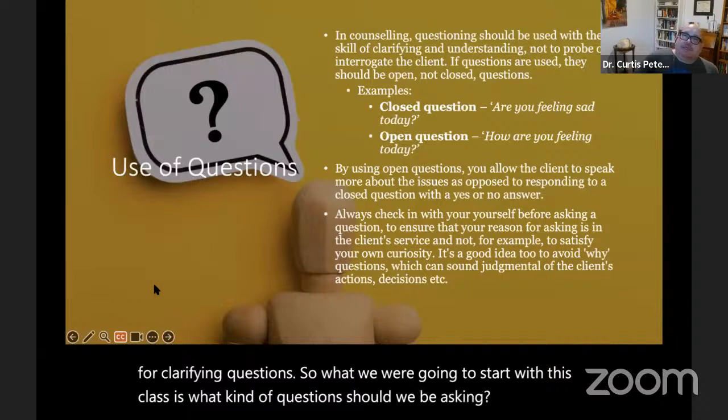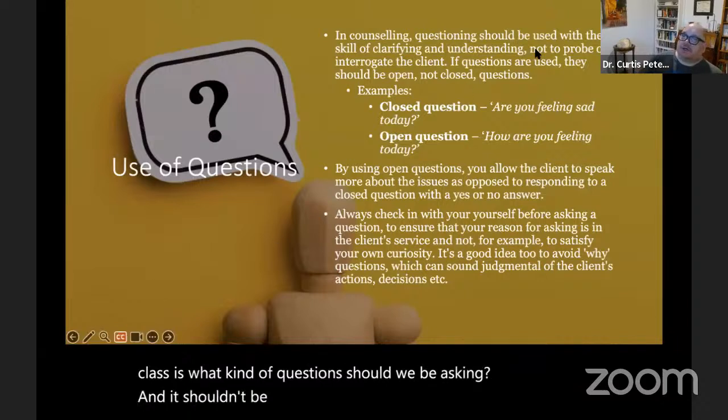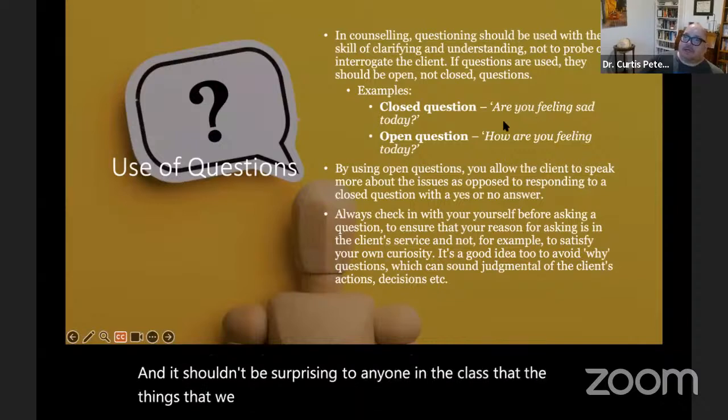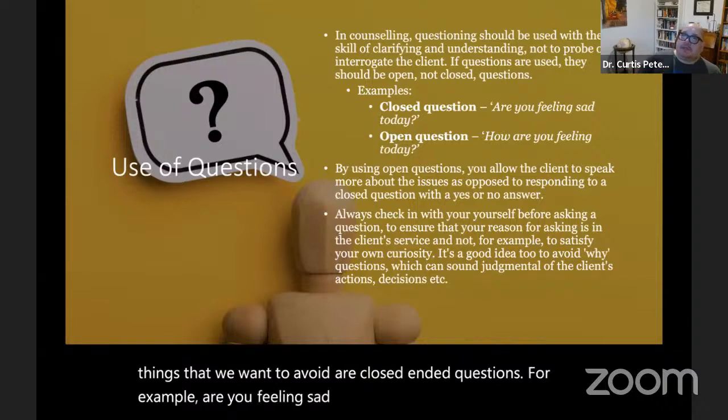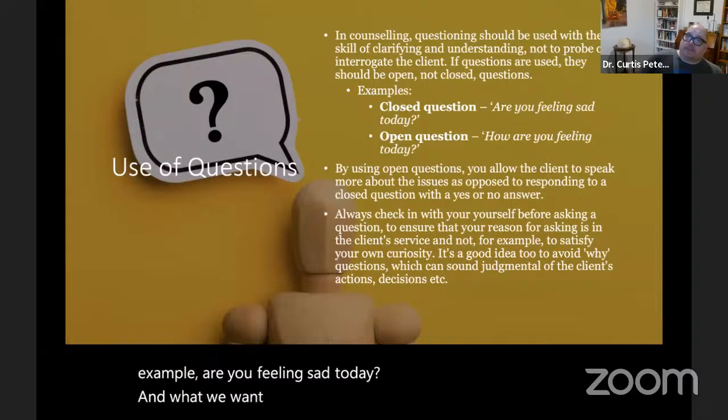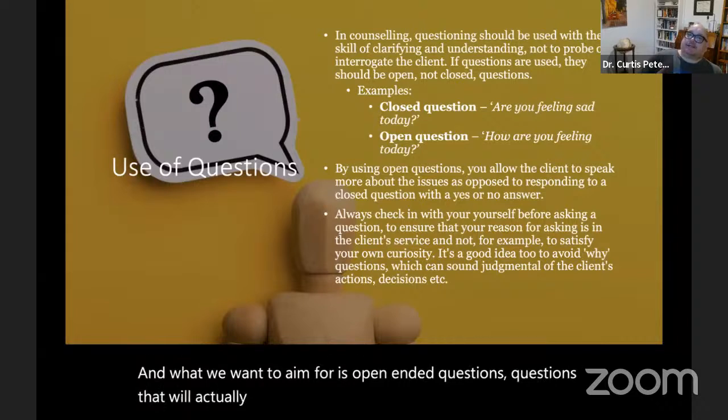And it shouldn't be surprising to anyone in the class that the things that we want to avoid are closed-ended questions. For example, are you feeling sad today? What we want to aim for is open-ended questions, questions that will elicit more than a yes or no response.